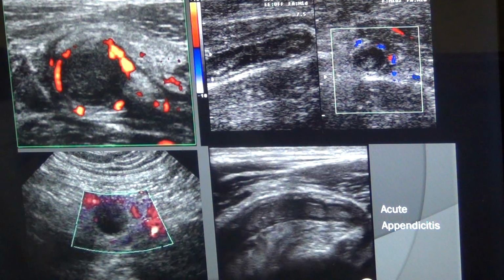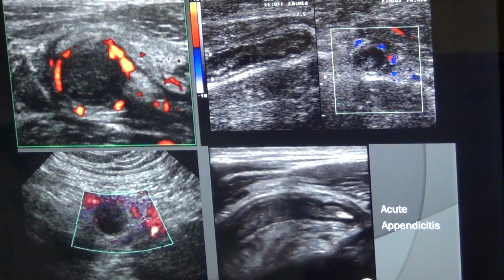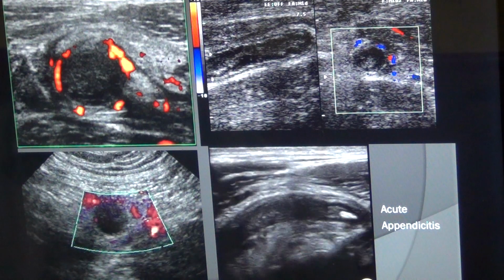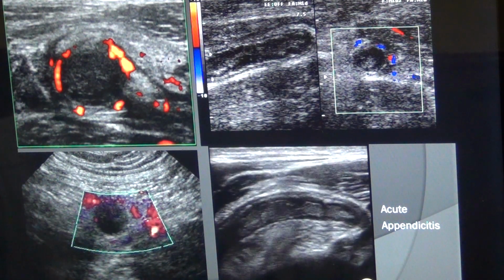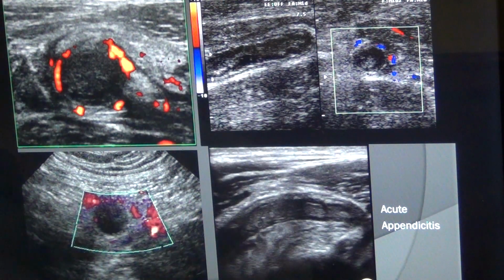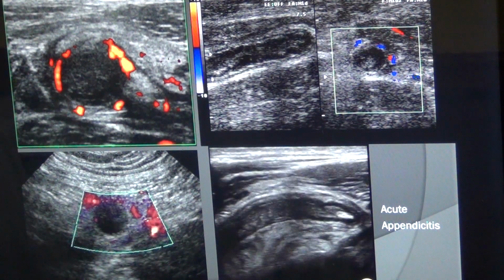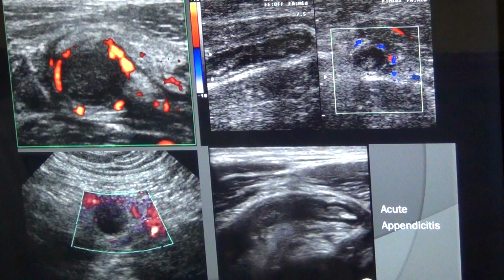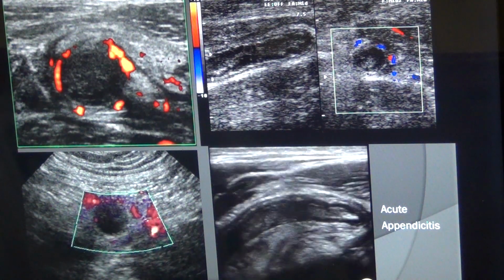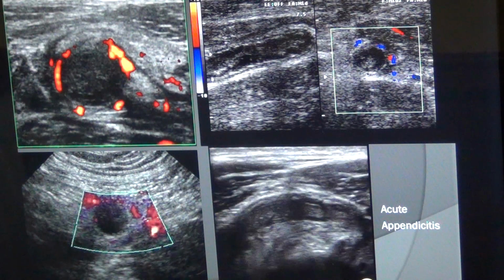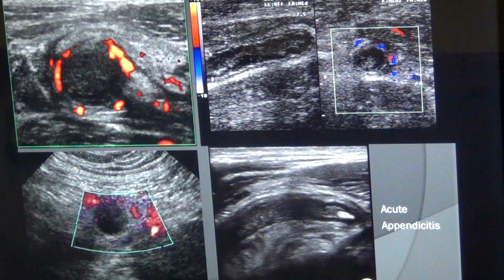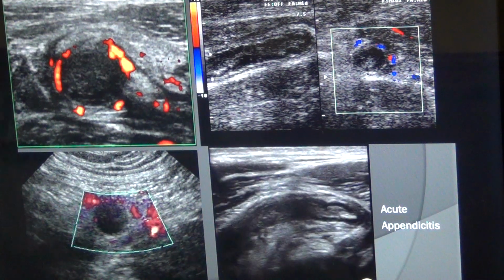A lot of times acute appendicitis is diagnosed at the bedside. When there was no ultrasound, the expert surgeon diagnosed it at the bedside by clinical knowledge and physical examination.